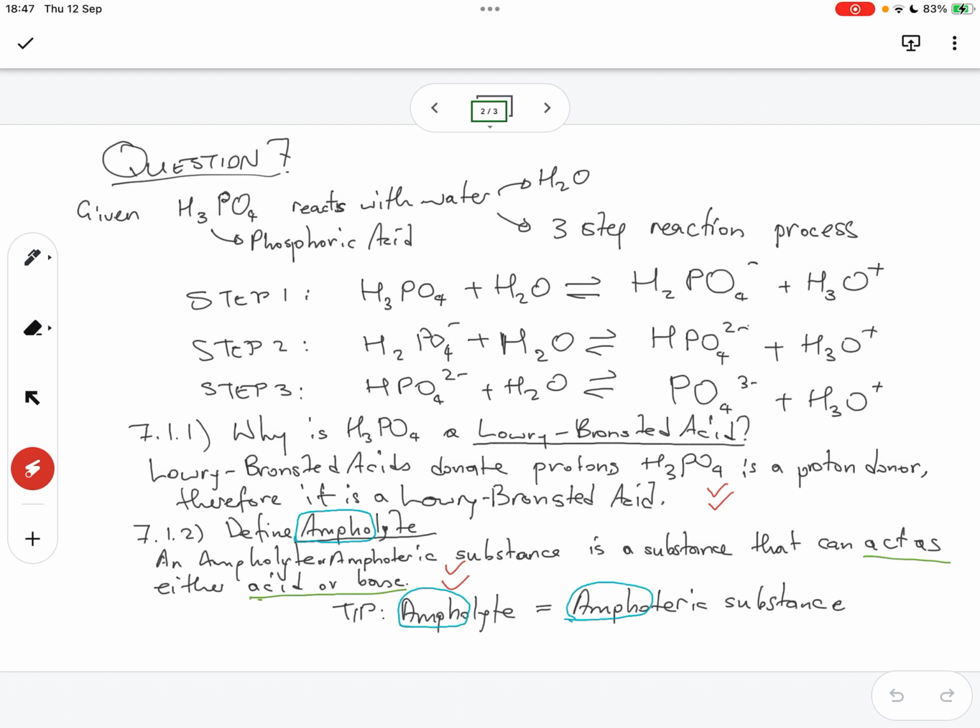It's loading. Okay, it's fine. Alright, so it's showing now.